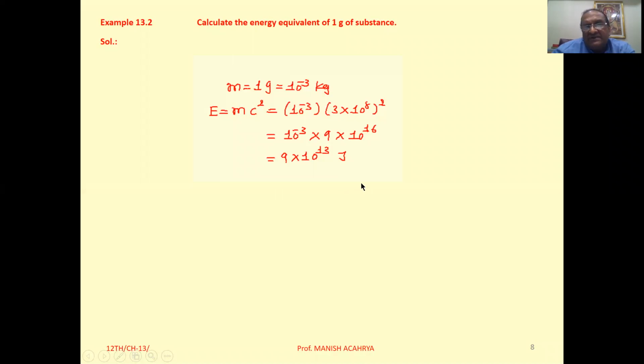If you want to give the answer in terms of electron volt, then divide this one by 1.6 into 10 raised to minus 19. You will get the answer in electron volt. Or you can represent that one in terms of MeV also. Clear? Or directly you can calculate this one like this also. 1u is 1.66 into 10 raised to minus 27.